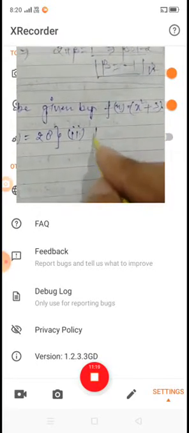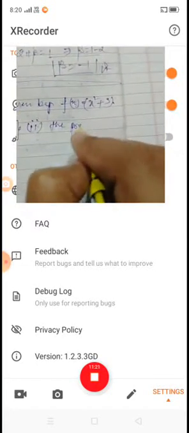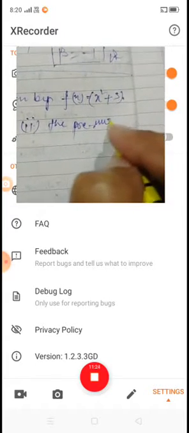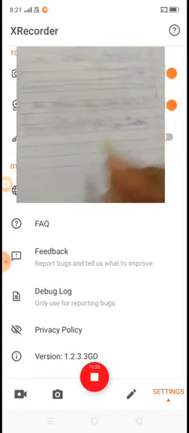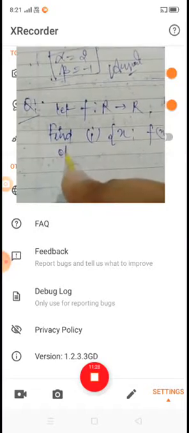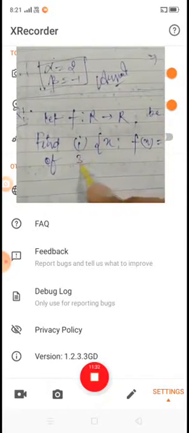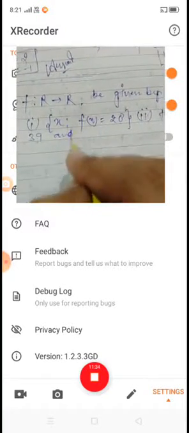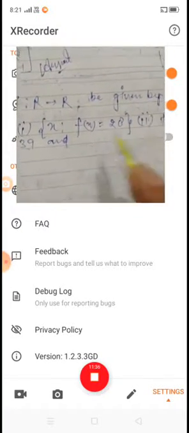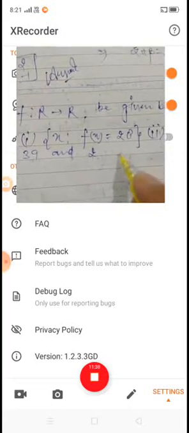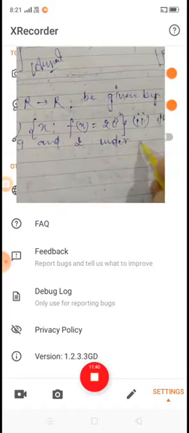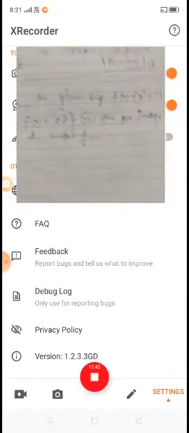the pre-image of 39 and 2 under f. This is your question.